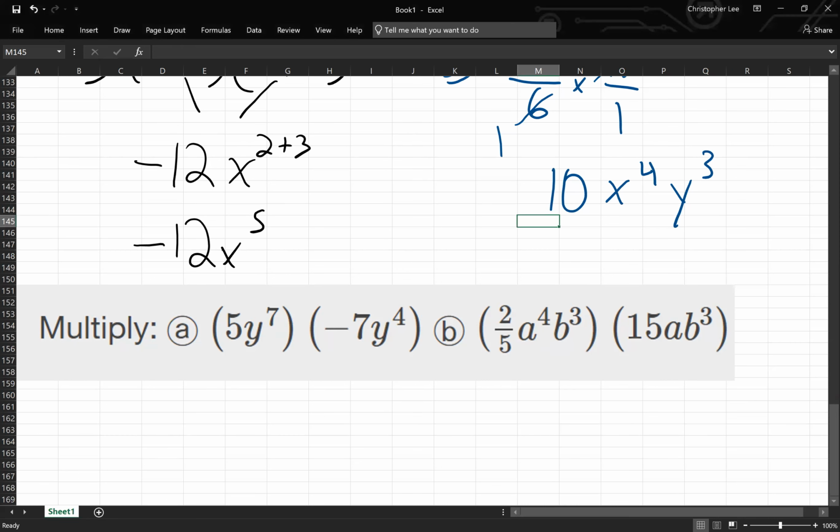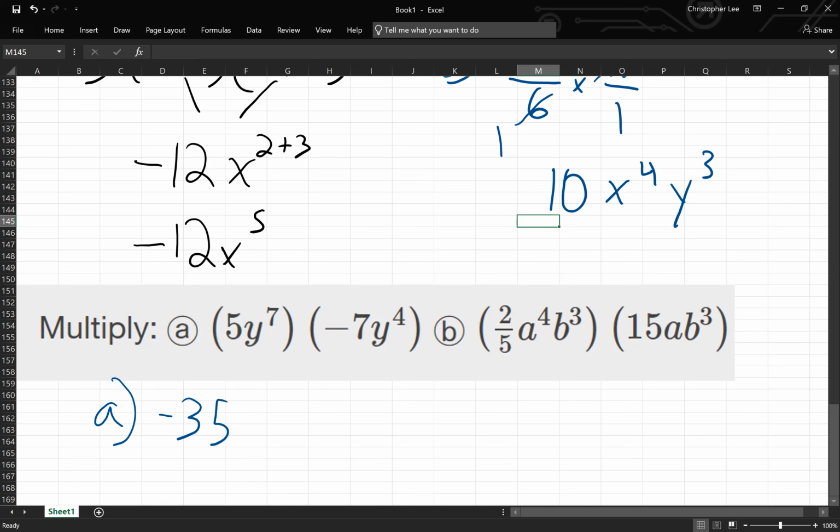All right, let's take a look. So for A, I want to multiply these two monomials. Now remember, this is what's key: numbers with numbers, variables with variables. So 5 times -7 is going to be -35.